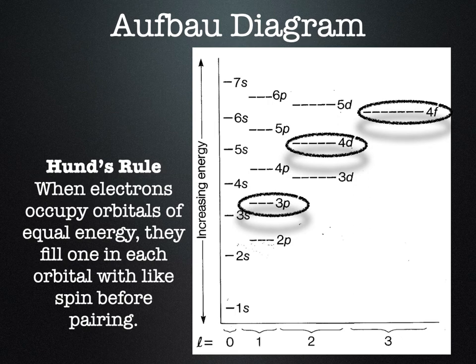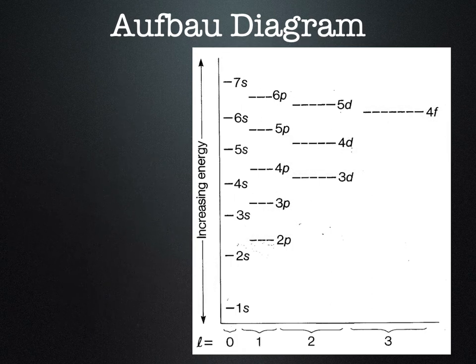If you get that kind of half-filled orbital, that's an intermediary low energy level between that and a completely filled orbital, or sublevel, I should say. Okay, so those are the three rules: Aufbau, Pauli exclusion, Hund's rule.